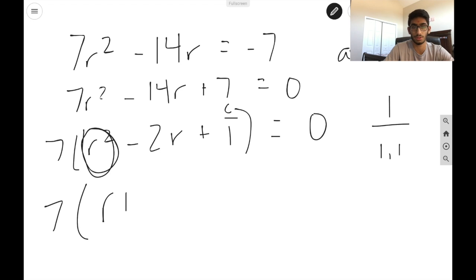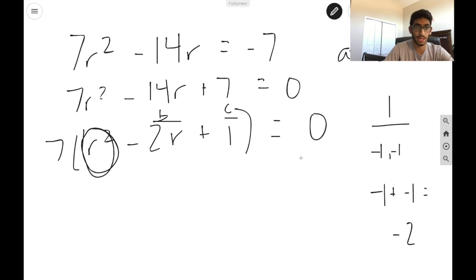Actually, hold on. I need to go back a little bit. Since we're trying to find our b term, we can actually use the negative terms here, because -1 plus -1 equals -2. We're trying to add up the factors of c to make sure it adds up to b. Hopefully that makes sense.